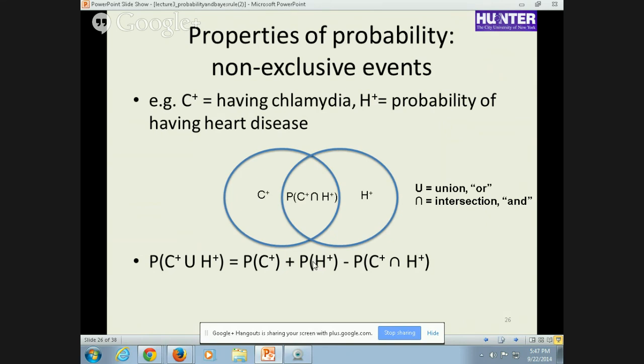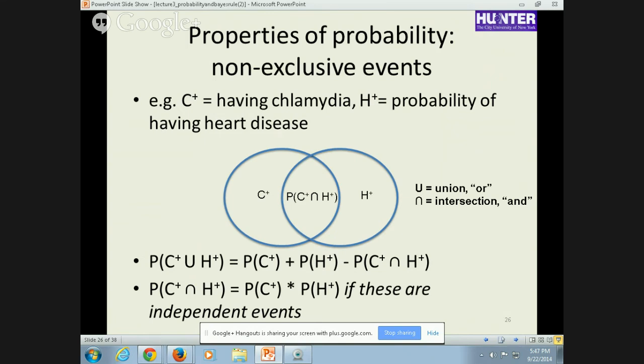This is generally true, it's just that for exclusive events, this intersection probability is 0, so it just disappears. And this intersection is equal to the product of the probabilities of these two events if they are independent events. So if having heart disease has nothing to do with having chlamydia, then you can calculate the intersection by the product of those two probabilities.